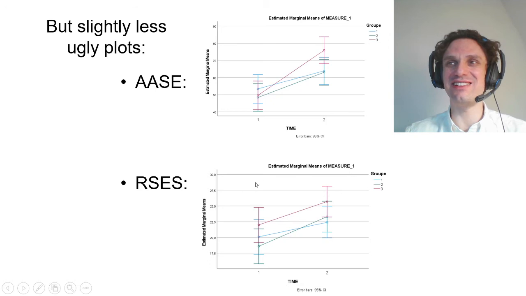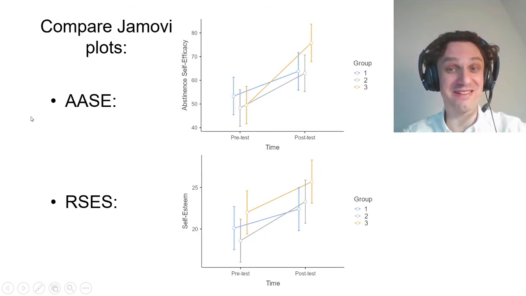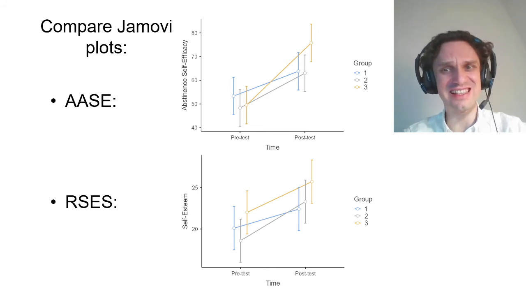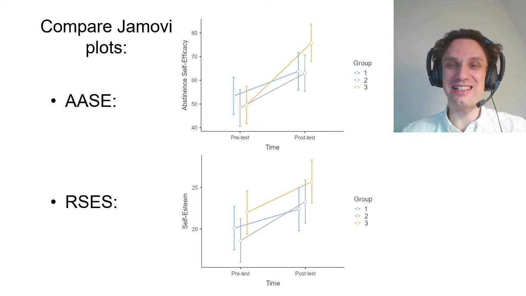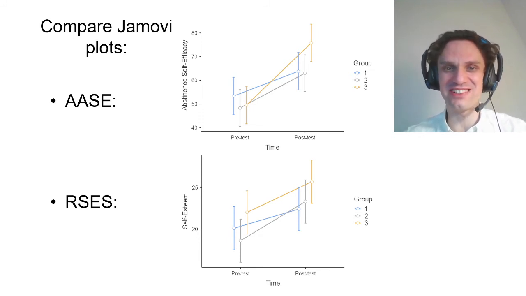So these plots are a little bit less ugly and a little bit more informative, but still they are not very useful. Just compare the plots produced by Jamovi for the same data, for the same analysis. Don't they look nicer? That's why if you want to publish your plots, probably just take Jamovi, don't take SPSS.